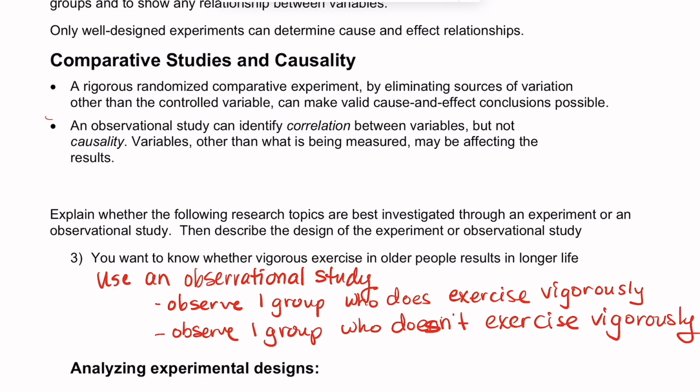You could monitor the ages of the individuals in both groups at regular intervals. Note that because you're using an observational study, you should be able to identify a correlation between vigorous exercise in older people and longevity, but not causality.